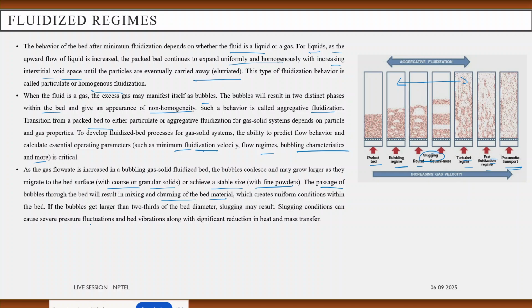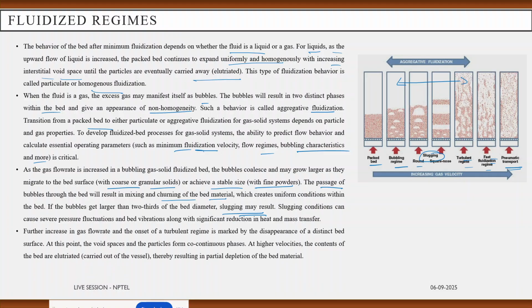But if the bubbles get larger than two-thirds of the bed diameter, then the slugging condition may appear. Slugging can cause severe pressure fluctuations and bed vibration, along with a significant reduction in heat and mass transfer efficiency.